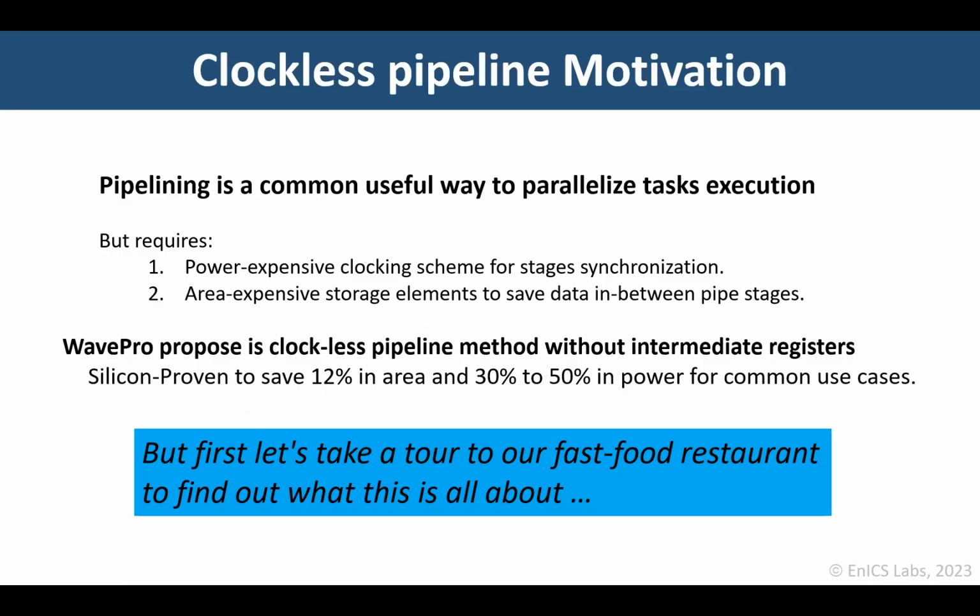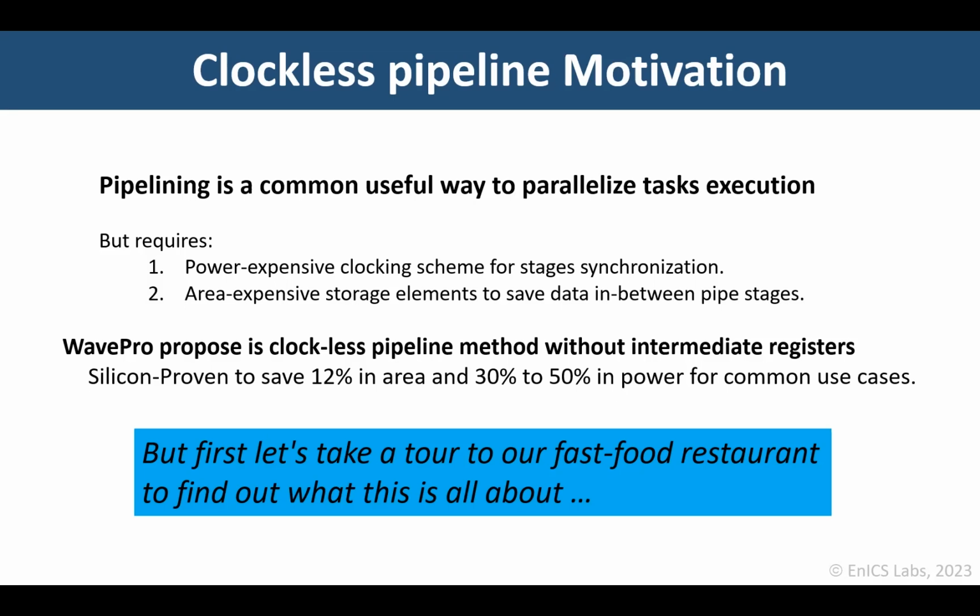Pipeline, as we all know, is a very common way of parallelizing tasks. However, at least at the chip level, it has a cost. It requires a very power expensive clocking scheme for synchronizing our logic. This also consumes area, clock infrastructure, and registers or other storage elements.